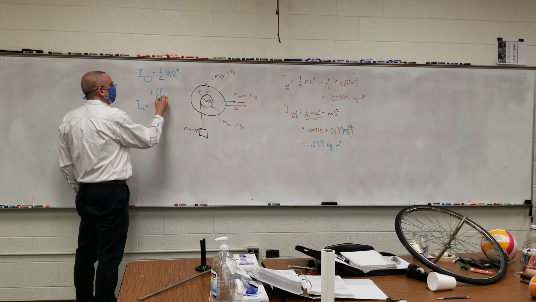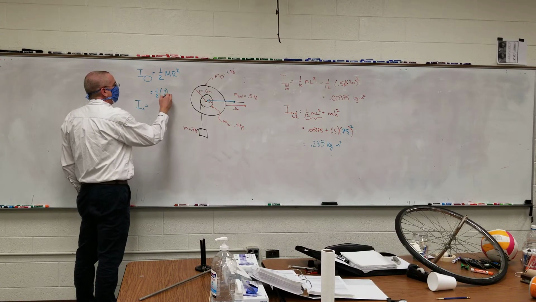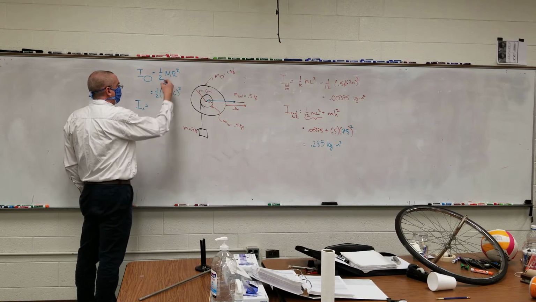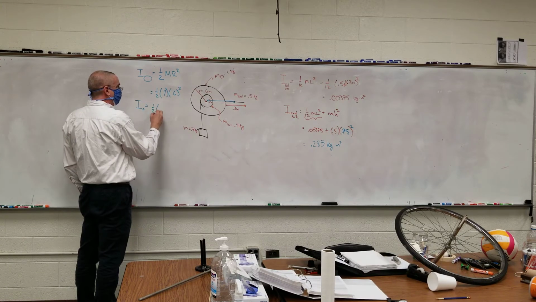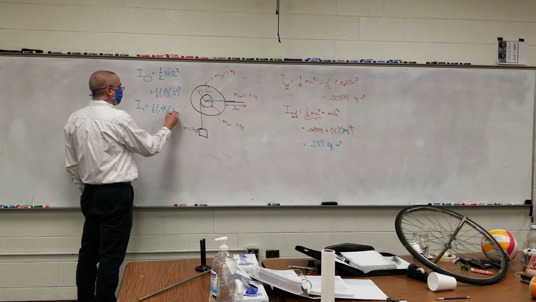So 1/2 times 1 times 0.6 squared is for the big disc. This small disc is 1/2 times 0.4 times 0.2 squared.